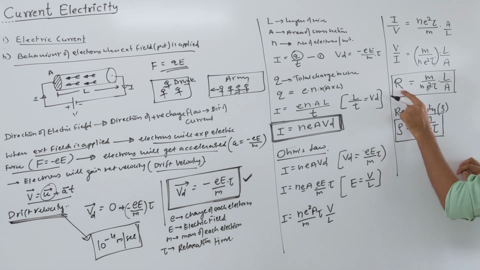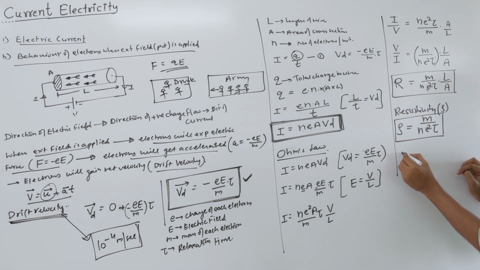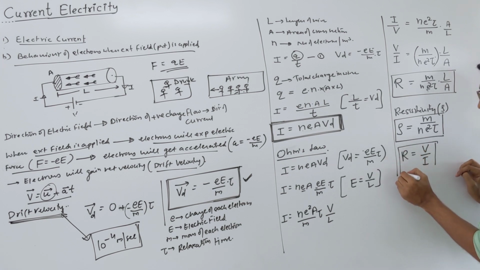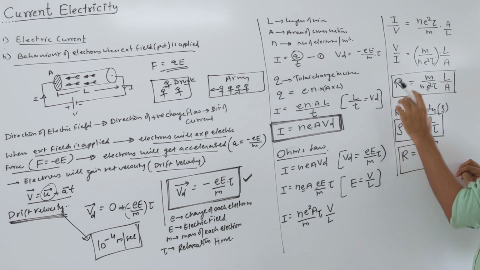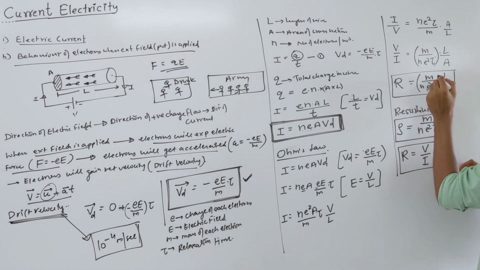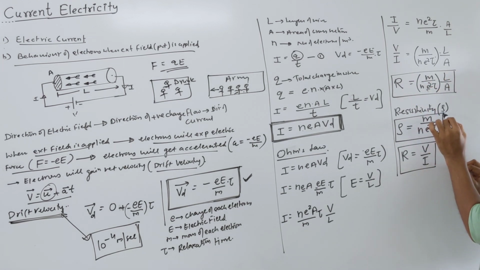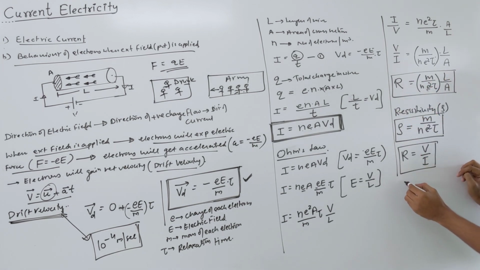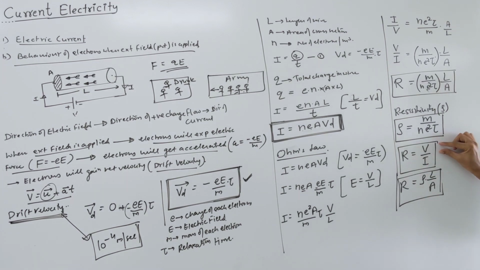So resistance is this much, or you can also write V by I. This is your Ohm's law only, right? And this part is the constant, that's called your resistivity. So resistance is also equal to rho into L by A. This is the general formula you have seen many times everywhere, right? So this is your Ohm's law.